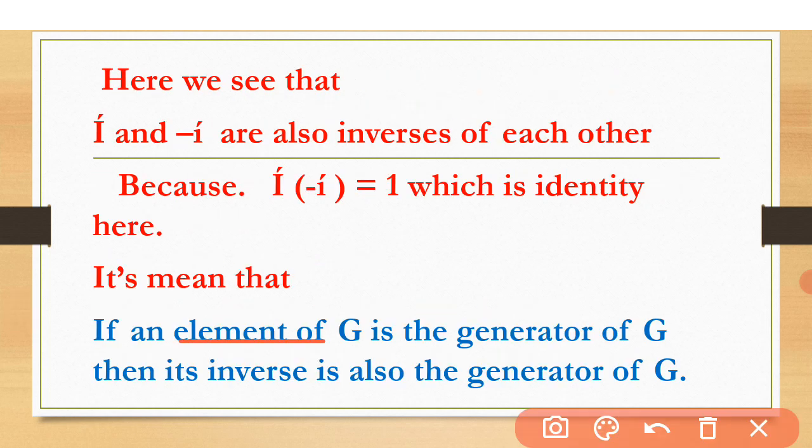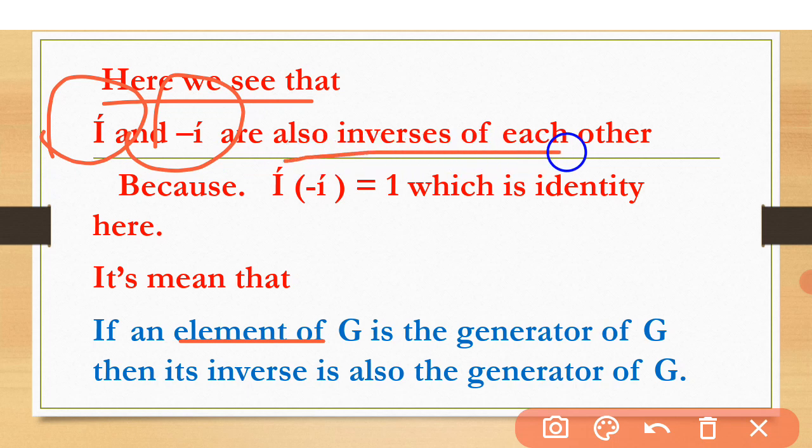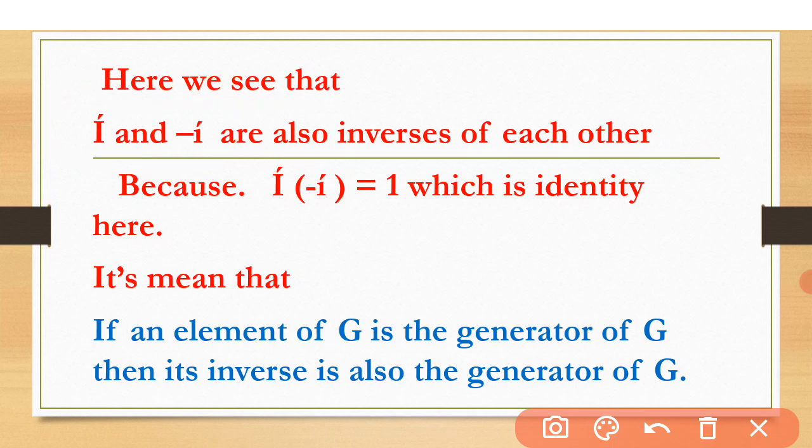Here we see that iota and minus iota are also inverses of each other. A very important thing here: the element that generates the complete group, its inverse can also generate the complete group, because iota and minus iota are inverses, since when we multiply iota by minus iota, it gives us the identity element, that is 1 here.